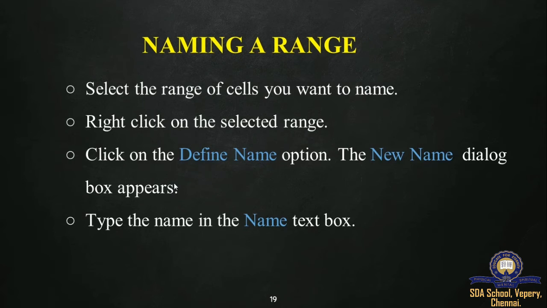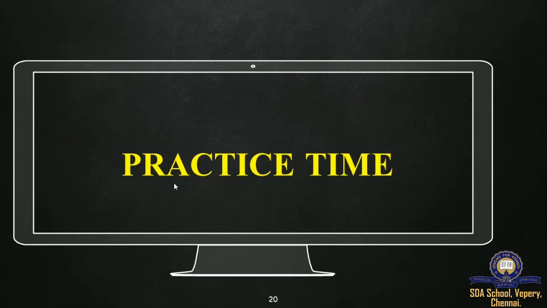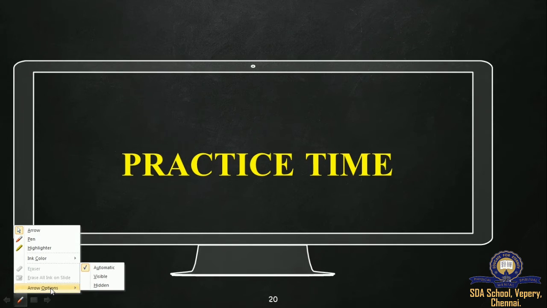Understood? We will see in practice now how to delete a sheet, insert a sheet, rename a sheet, and how to name a range. These are all we are going to see now practically. Are you ready, children? How to do these things practically we are going to see now. So now I'm going to switch over and work on the screen.